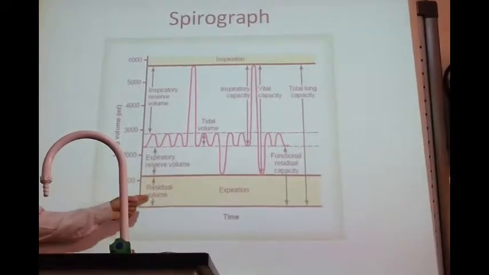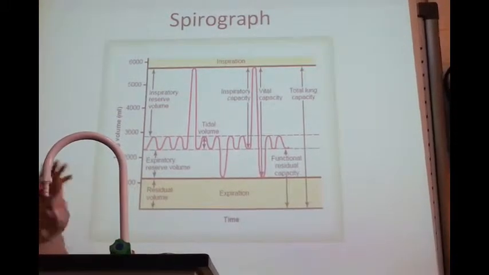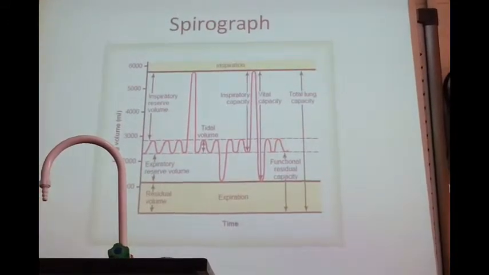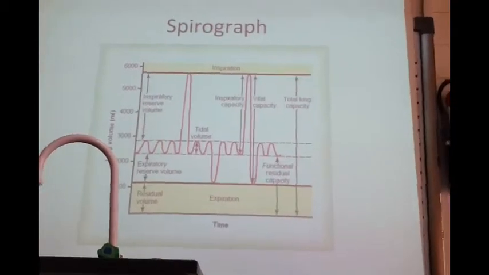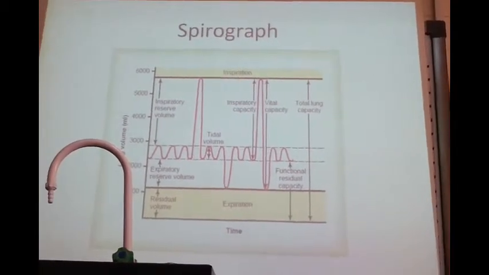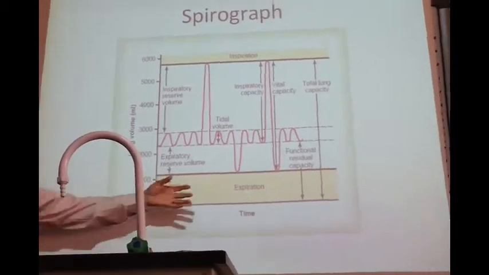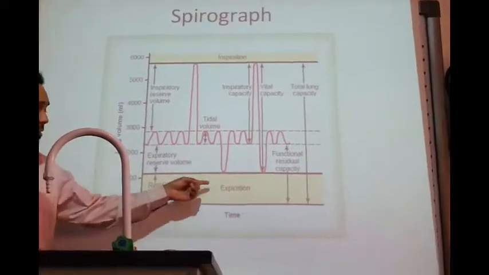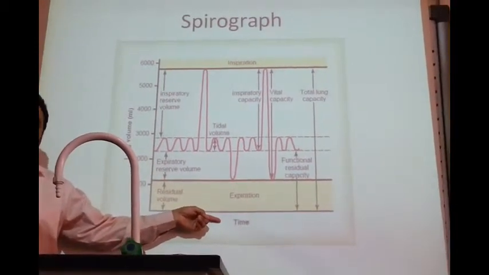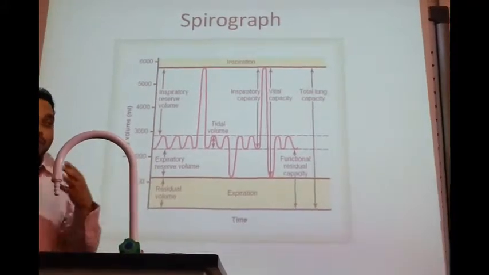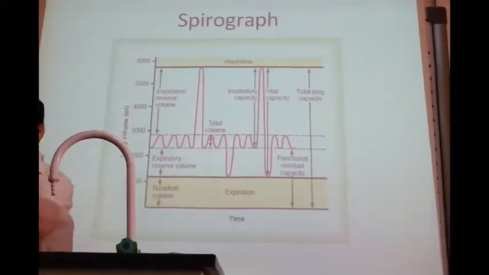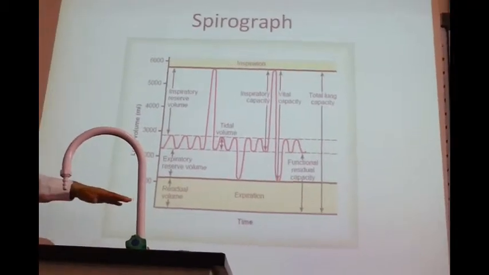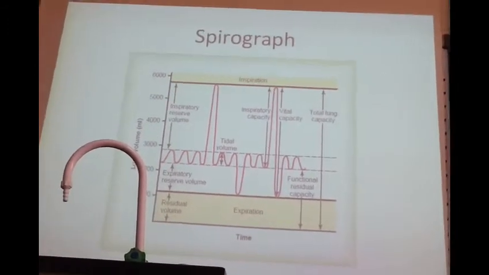Then you also know the residual volume, 1200 milliliters. If you combine residual volume with expiratory reserve volume, this is called FRC, functional residual capacity. The residual volume is what remains after the most forceful effort; you cannot remove it. But normally, when we are breathing in and out, the amount of air remaining behind after the tidal volume is the functional residual capacity.